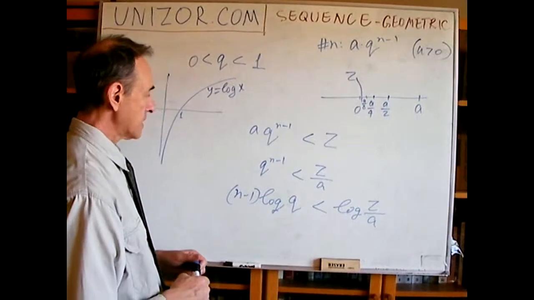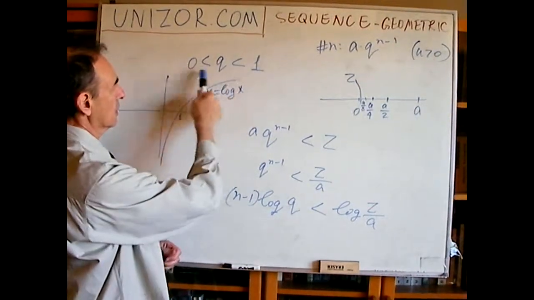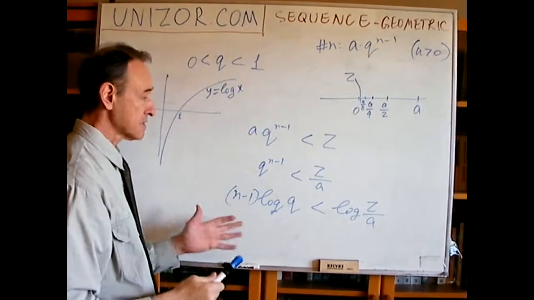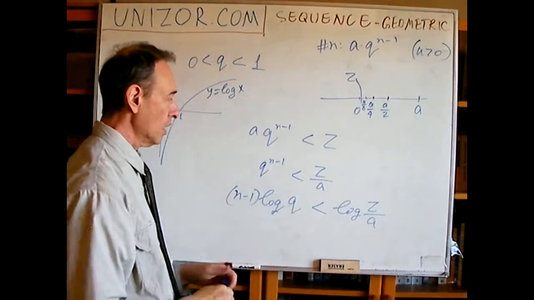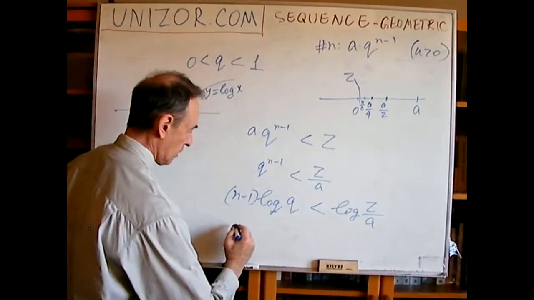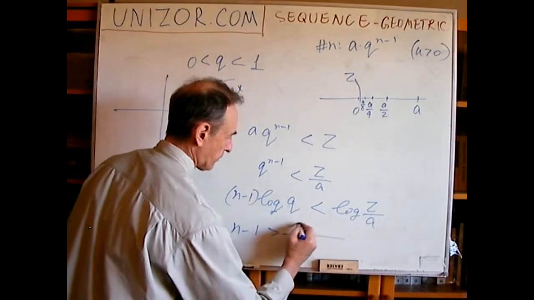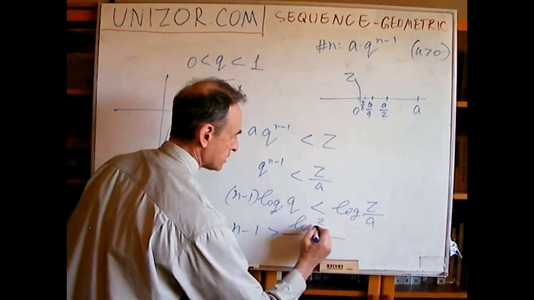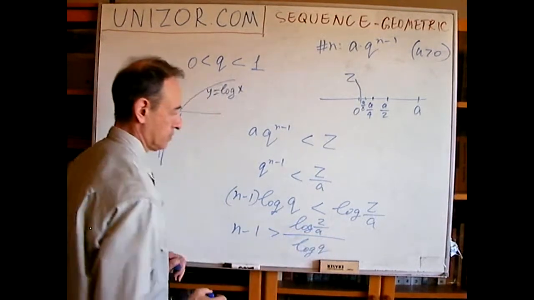Okay, so basically log q is negative, considering q is from 0 to 1, which means if I divide both sides of inequality by log q, my sign should be reversed. So I will get n minus 1 greater than log z over a divided by log q.